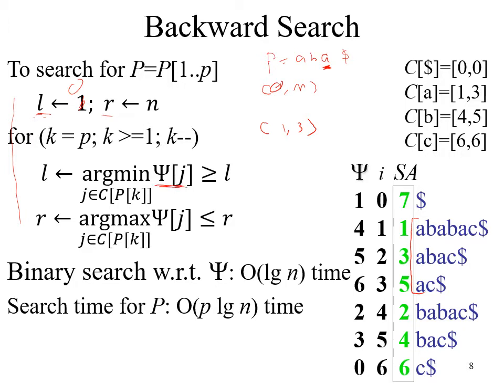Among all j in C of pk, here pk is the last character, so this is a, and ca is 1 to 3. So for all j from 1 to 3, choose the smallest j such that psi j is greater than or equal to L. In this case, L is 1.